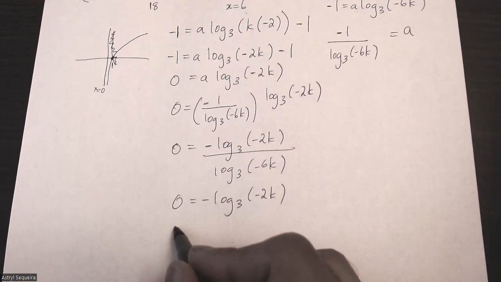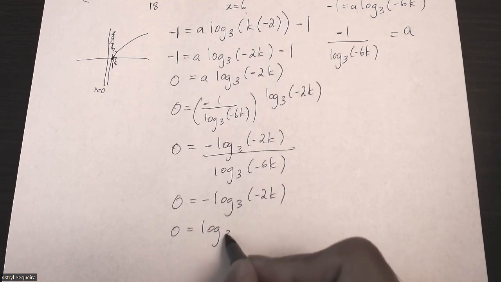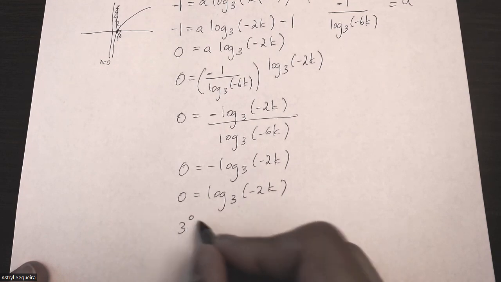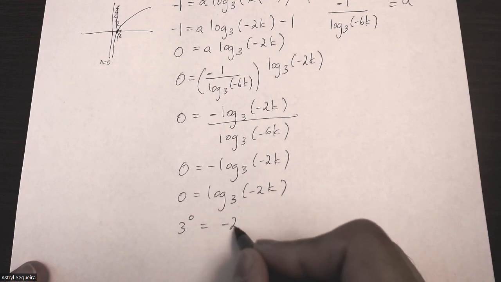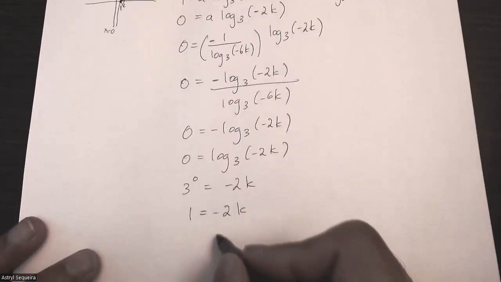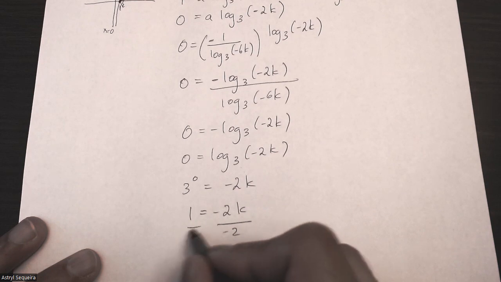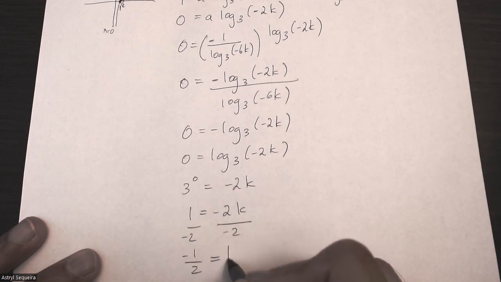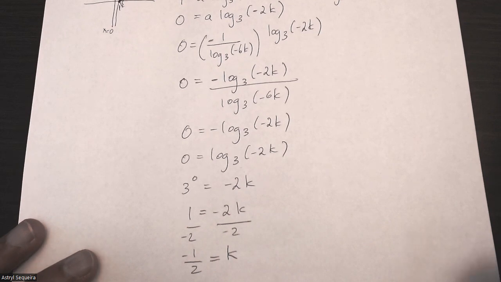Divide both sides by negative 1: log 3 of negative 2k equals 0. I'll move the log to the other side, so the base comes over here. This becomes 3 to the power of 0 equals negative 2k. 3 to the power of 0 is just 1. And then divide both sides by negative 2. So I get negative 1 over 2 equals my k value.